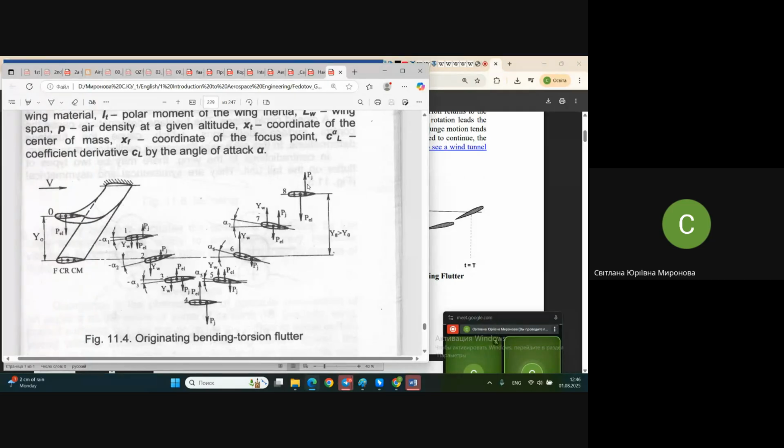Center of gravity in one cross section, let's say right now. And the resulting aerodynamical force, the resulting force of all the aerodynamical forces acting on the surface, on the skin in real case, is applied in the center of pressure. And it's applied in some other point.